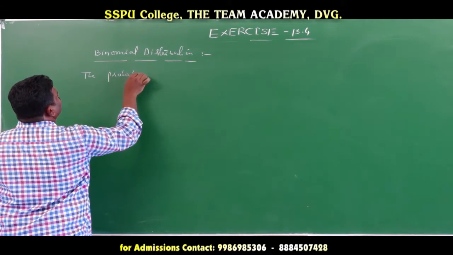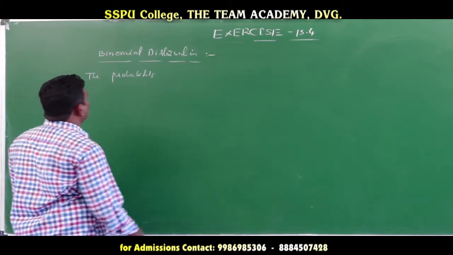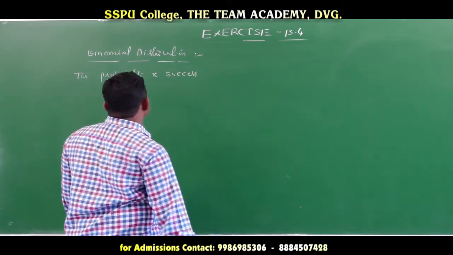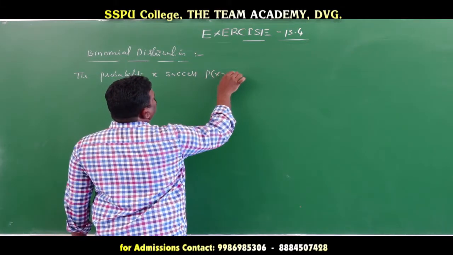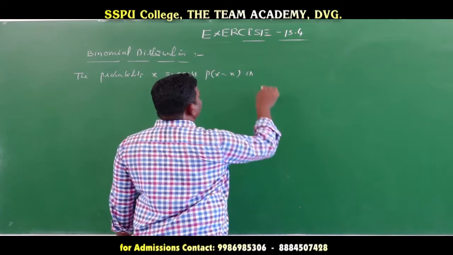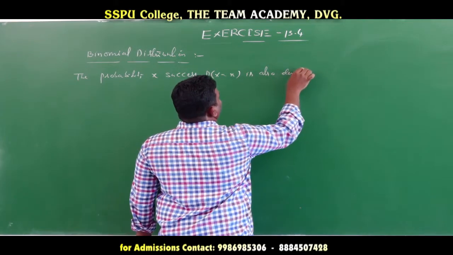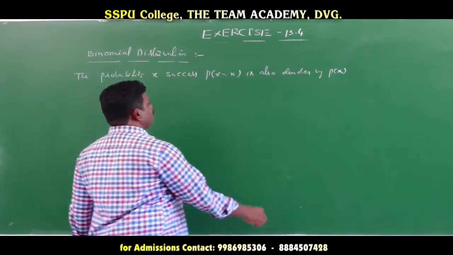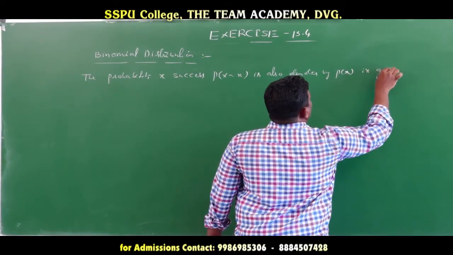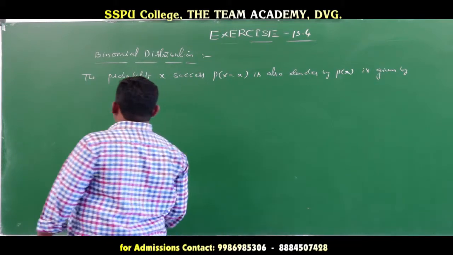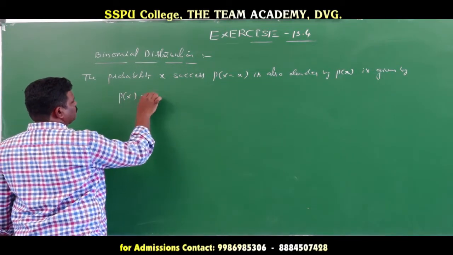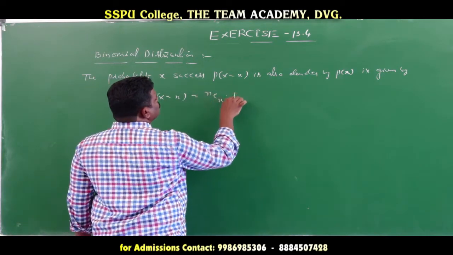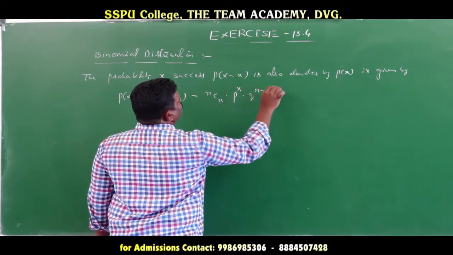The probability of X successes, denoted by P of X, is given by P of X equals the probability of X equal to small x, that is nCx into p power x into q power n minus x.